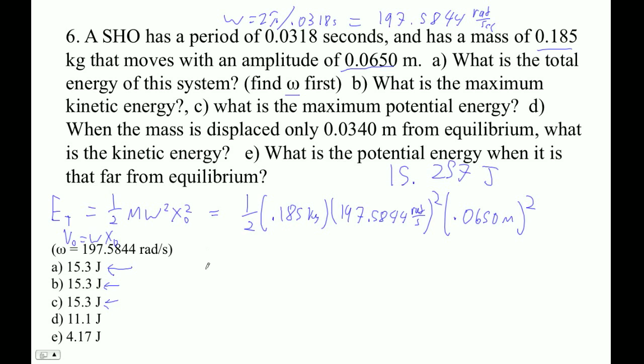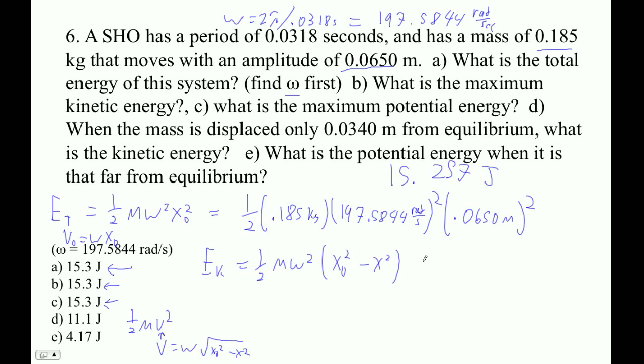Well, let's use the formula for kinetic energy. I hope you recognize that the formula is just 1/2 mv squared, and then for v we substitute omega times the square root of x naught squared minus x squared. If you substitute that for v, you end up with this.